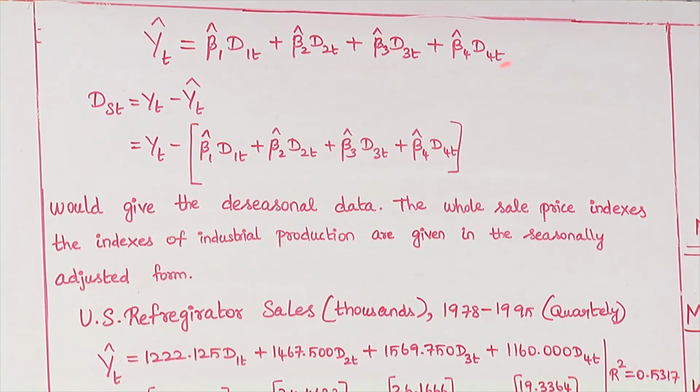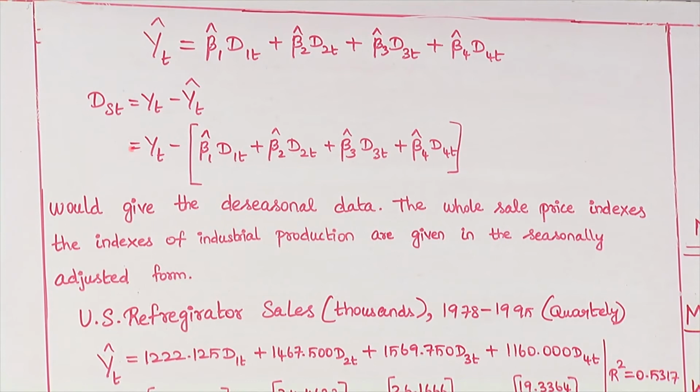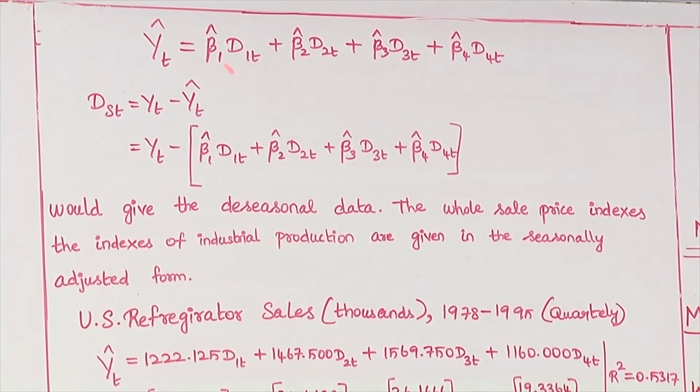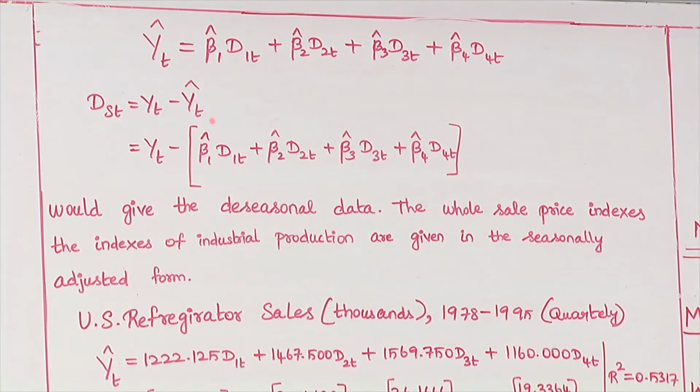So, this is the measure of seasonality in the time series. The deseasonalization can be done if you subtract this seasonality element from the original time series, that is, yt minus yt hat will give the deseasonalized time series.